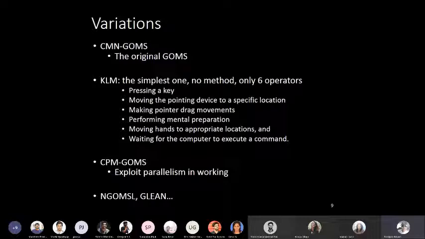Now in practice, and in the next slide we will explain it, the GOMS model works mostly for expert users. That means the best case situation or the minimal time to undertake a particular task in a user interface. But it turns out that humans can perform certain tasks even faster than predicted by KLM models.